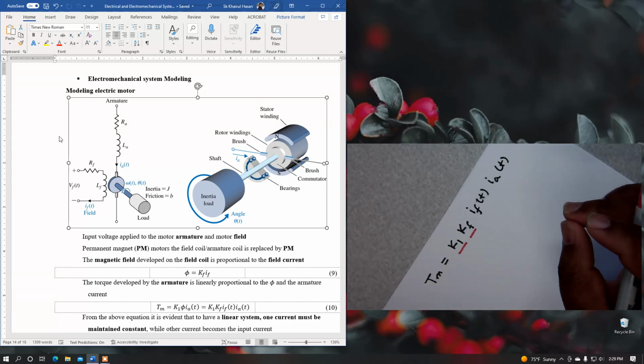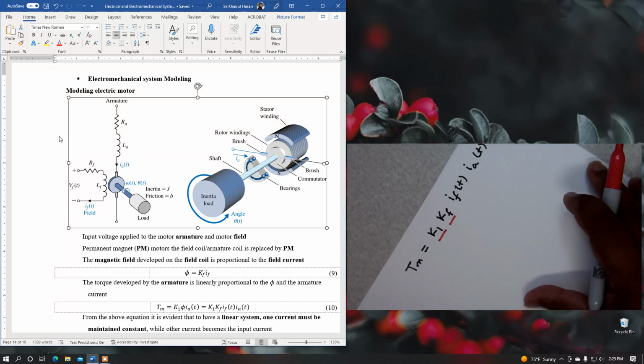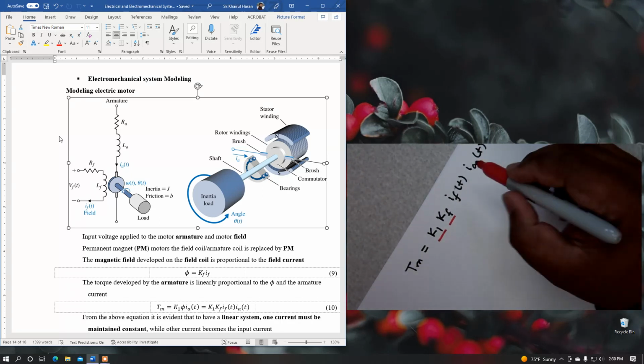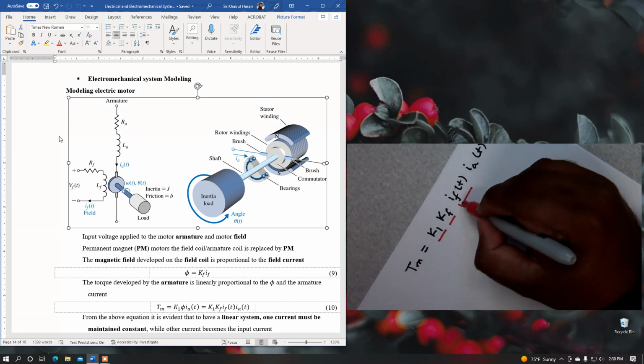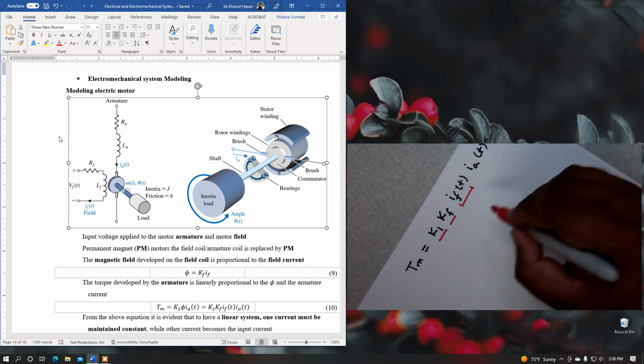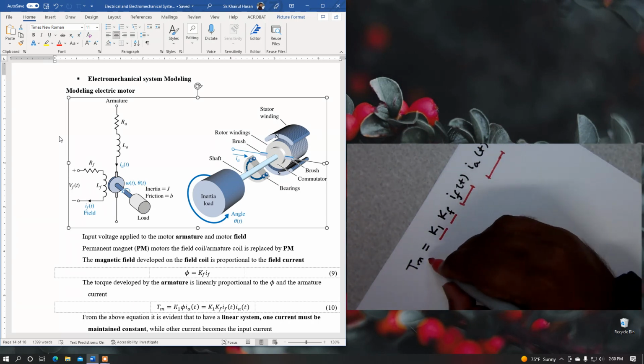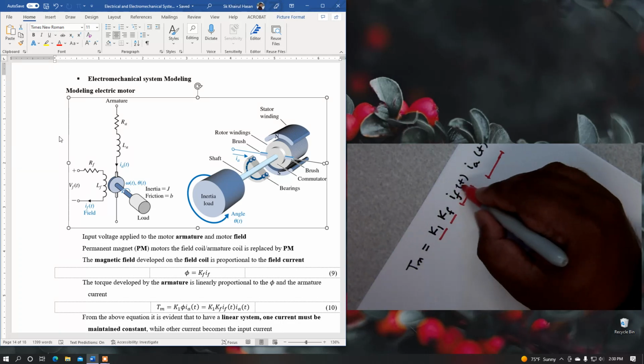So if you keep the field current constant, then the motor torque will be proportional to the armature current, and if we keep the armature current constant, then motor torque will be proportional to the field current.